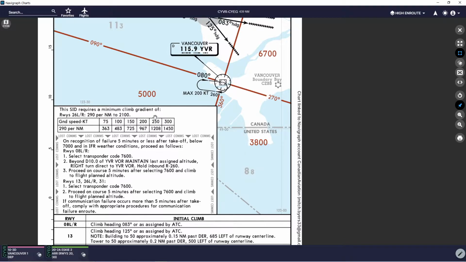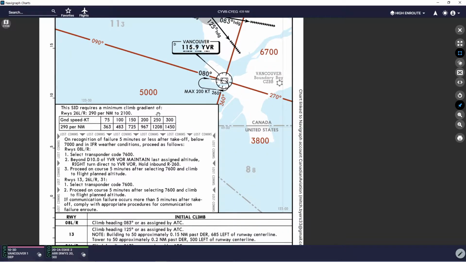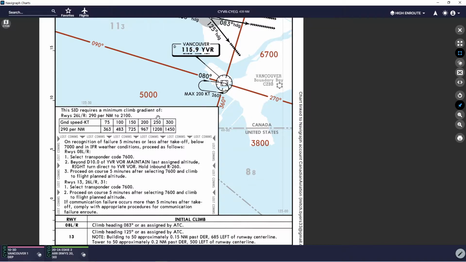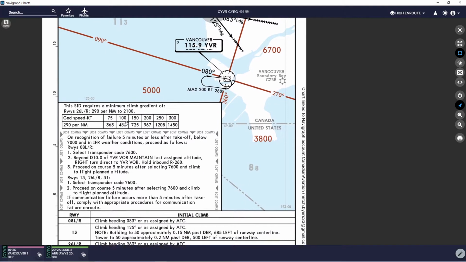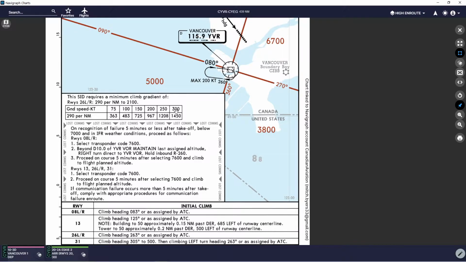If you're unable to maintain that single engine, you have to come up with alternate departure arrangements so you can meet your climb gradients, which is standard 200 feet per nautical mile. But this one requires a minimum climb of 290 feet per nautical mile off this specific runway. It breaks it down a little bit more, but we're not going to cover exactly what these numbers are, they're just the information presented on the plate.